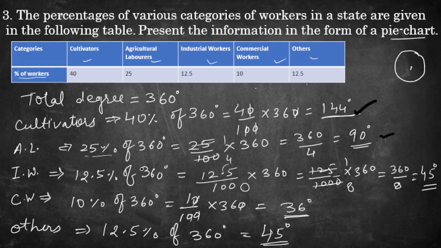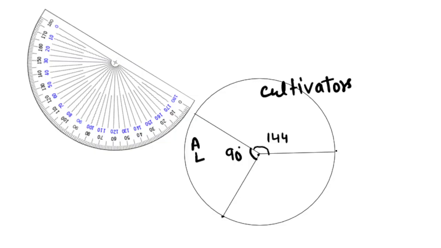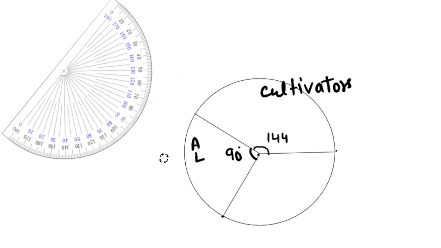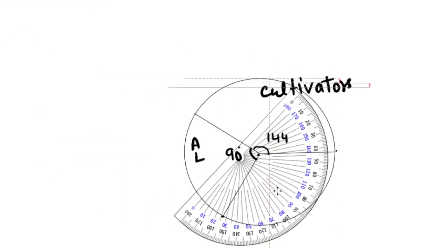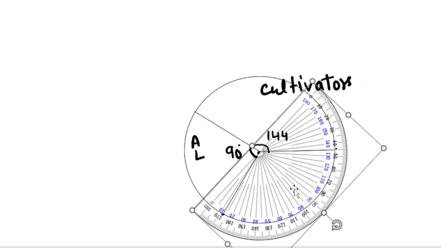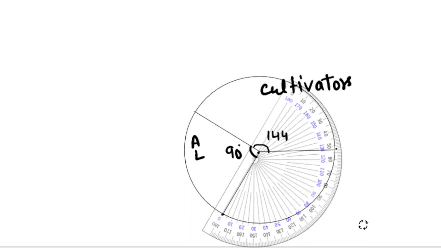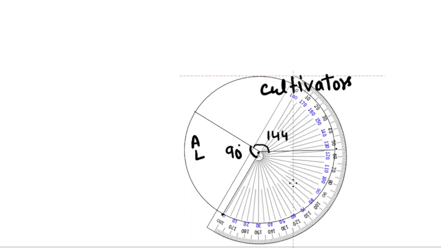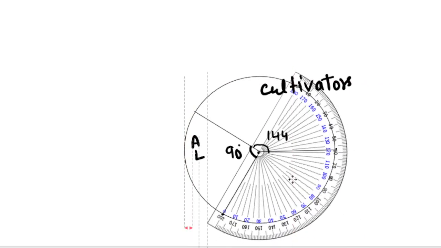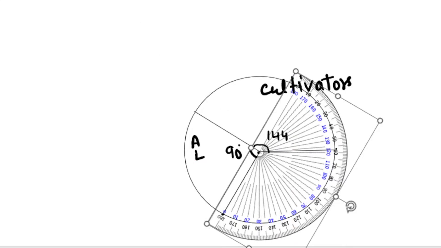Next, industrial workers. For industrial worker 45. Okay. So now we'll consider this line as baseline and here we will draw 45 degree. Okay. So again, yes. So now these 2 points should coincide. This line also should coincide. Yes.